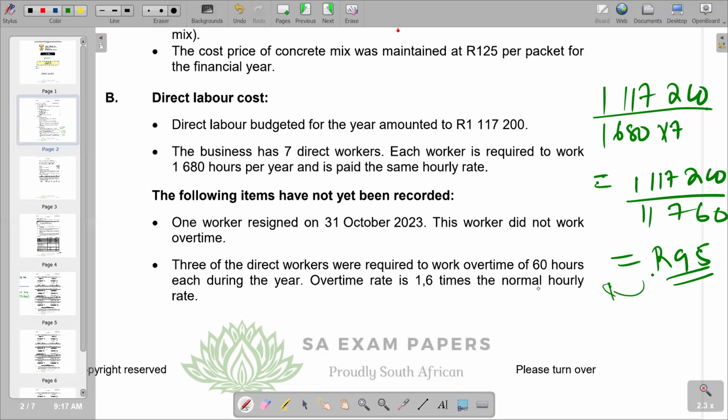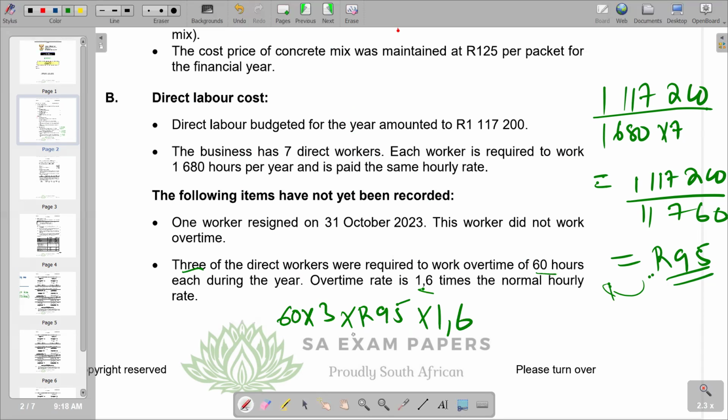So basically, we are going to say three workers with 60 hours each, so 60 times 3. And then obviously we multiply by the rate that we have, which is 95. And then this rate for overtime is 1.6 times more, so we multiply by 1.6.